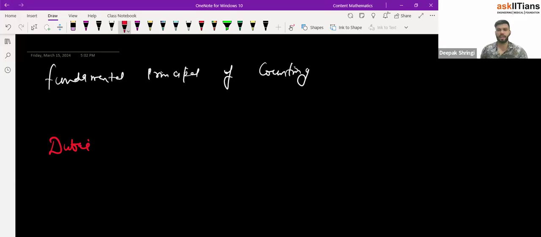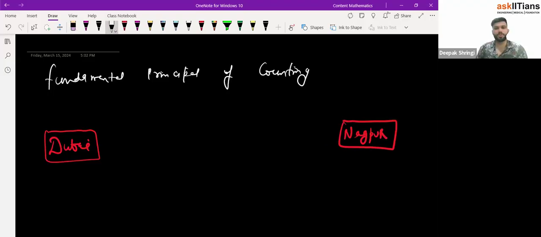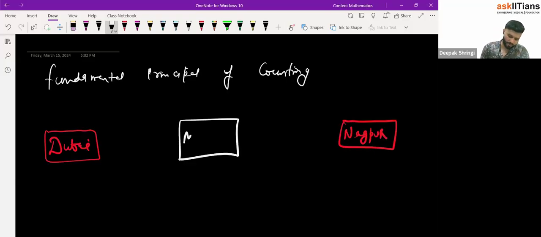Let's say we have to reach Nagpur. Now, unfortunately, there is no direct flight to Nagpur from Dubai. So what you do is that to reach from Dubai to Nagpur, first of all, you will take a flight to Bombay, Mumbai.